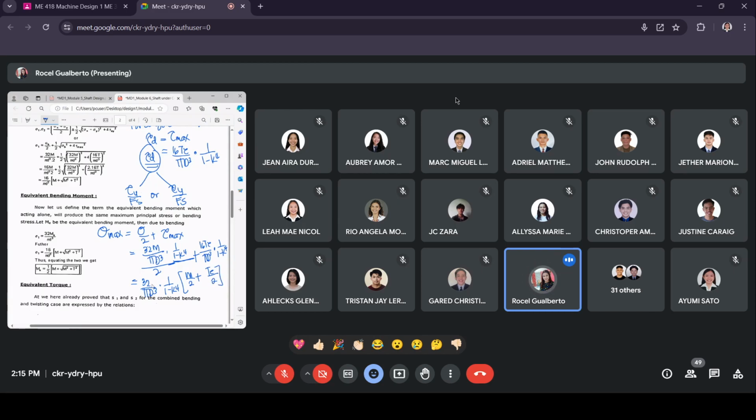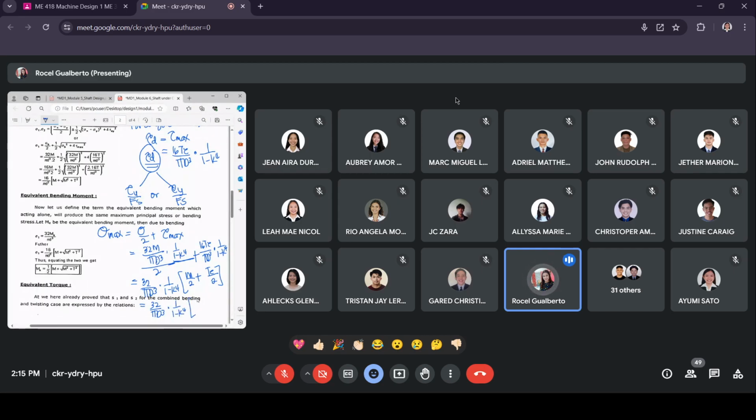Right? 32 over 2 will give us 16. So we have this now. To further simplify, this is 32 over pi d cubed times the hollow factor.